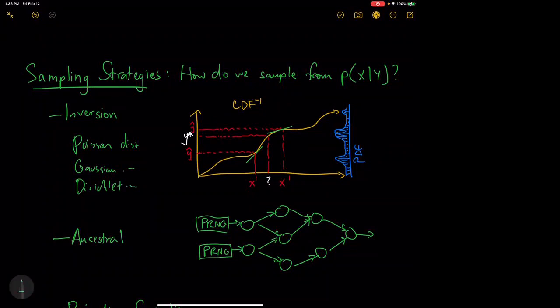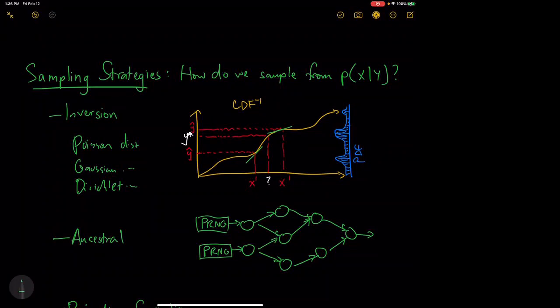Lots of these have a closed form density function, and maybe they might have a closed form cumulative density function. But in order to sample from this, you need the inverse CDF.